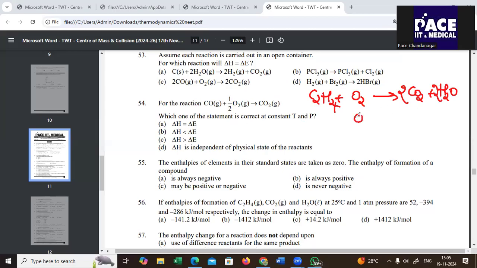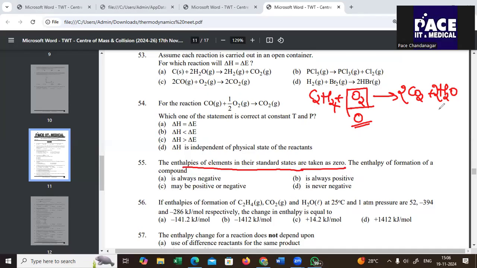And here the enthalpy is 0. Oxygen in its pure, elemental state has enthalpy 0. That's the reason it is not given to you. Don't worry about that. If it is not given, please take it as 0, because the enthalpies of elements in their standard states are taken as 0. That is the concept we are using there. Same with the water molecule that is formed.